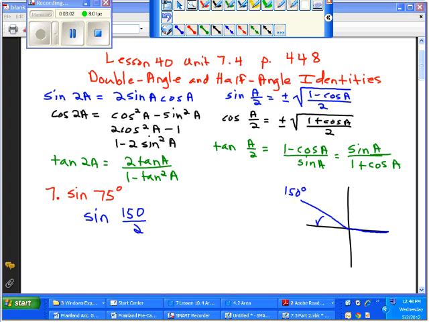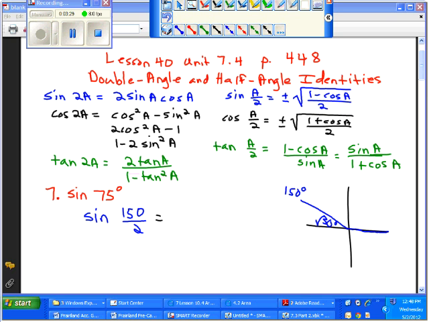That's 30 degrees from the x-axis there. And so 150 has a reference of 30. So if we thought of 75 as half of 150, 150 having a reference of 30, then we're back to an angle that we know how to deal with. What we do then is just expand this according to the expansion rules that you see at the top.